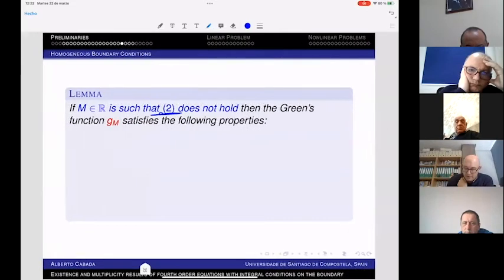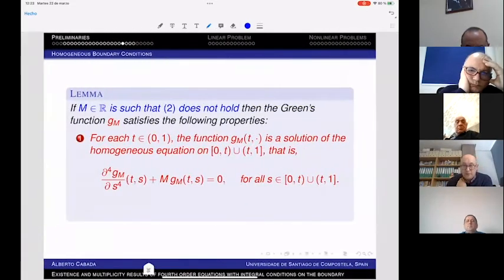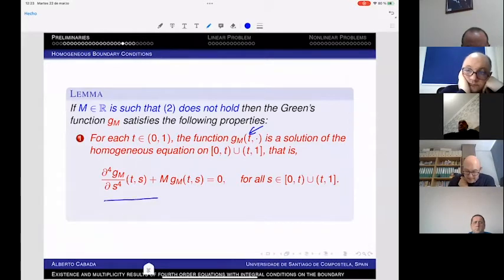So the Green function satisfies these other properties for our case. When we fix t, it satisfies the homogeneous solution for s different from t. Fix t, move s, right?